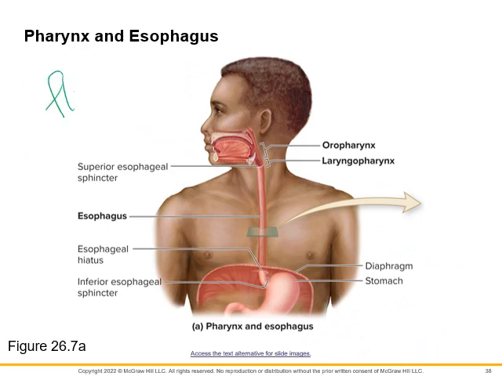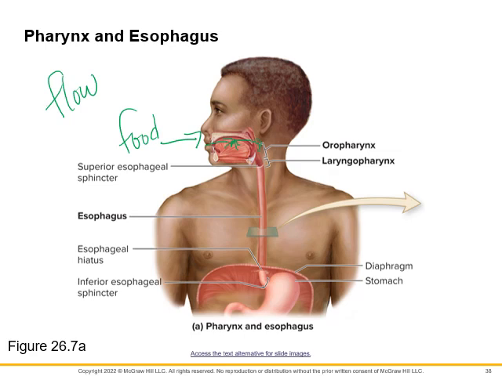So let's follow the flow of food. The food is put into the oral cavity. We're going to use the tongue to mash the food. We're going to use the teeth to tear the food. We're going to dump saliva, start the complex carb digestion, and then the tongue is going to push the food back into the pharynx.